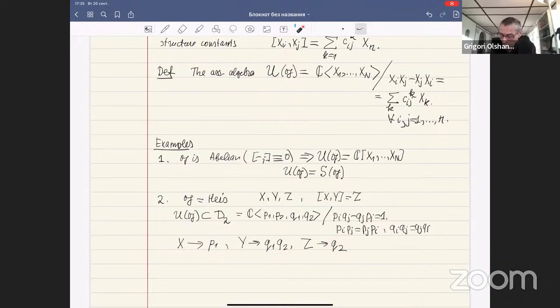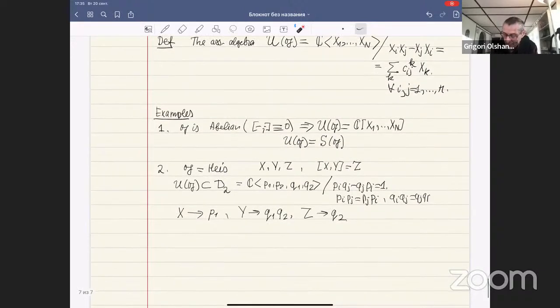And if you take the commutator of this with this and apply the Leibniz rule, the commutation with this has no effect because they commute, and the bracket of this element and this one produces 1, and so the result is Z. And one can easily show that this is indeed the universal enveloping algebra of the Heisenberg algebra.